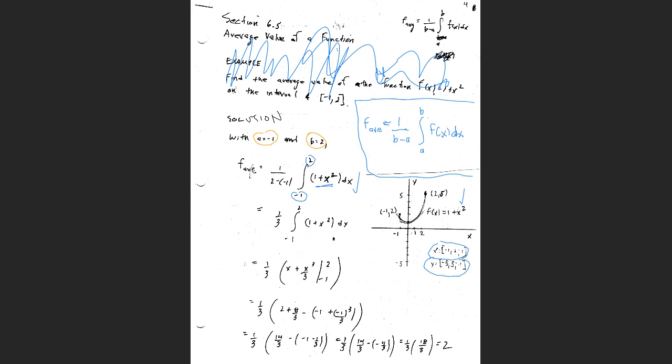The antiderivative of 1 plus x squared is x plus x cubed over 3. And then you substitute in the 2 and the -1. And you work it out, and you're going to get 2. You're going to get 2.